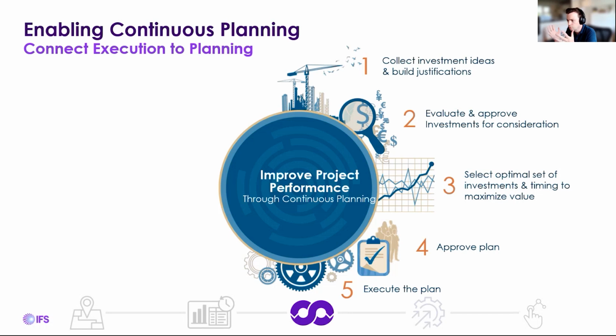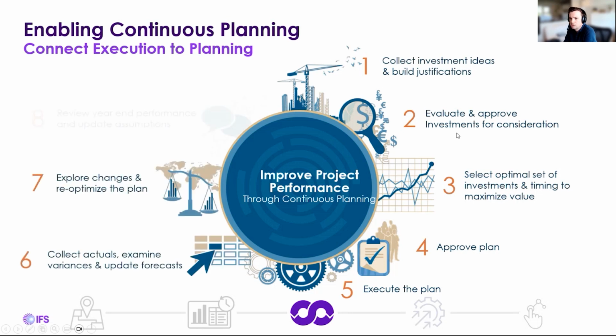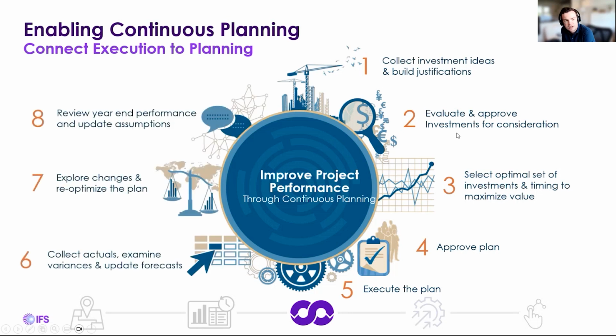We collect investments, we build the plan, we get it approved, we optimize it, we approve it, and then we get it ready for execution. And we have an extension to this, an element called performance management, which helps us then close that loop. And so this takes us into that continuous plan and a cycle moving around where at point 6 here, we collect those actuals from the delivery and financial systems and create comparisons.